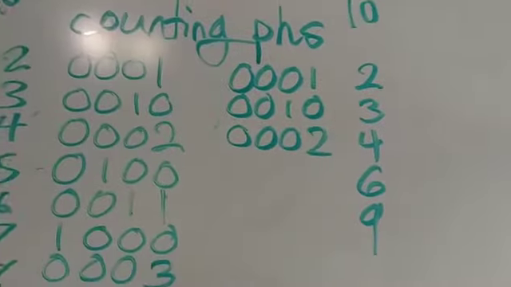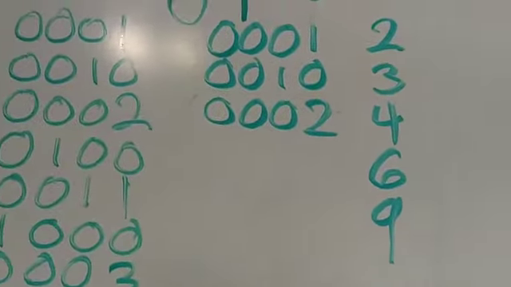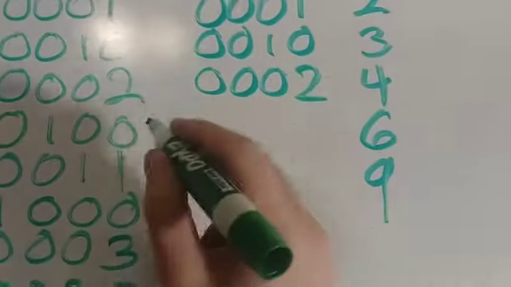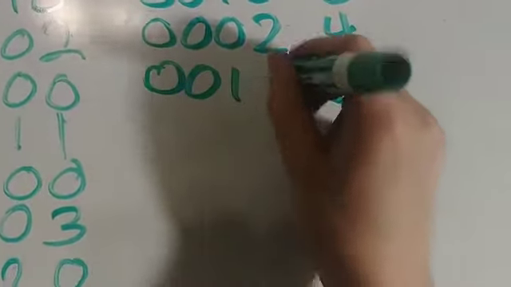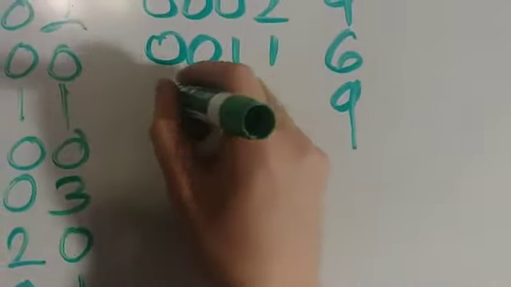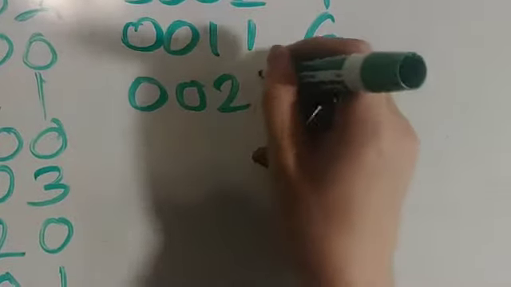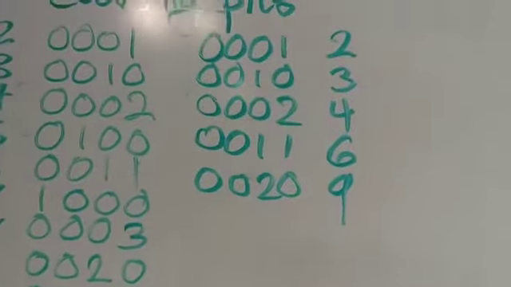And so let's look at what that looks like in the prime factorial base. So 6 is 0011. 9 is 0020. Now look at that.